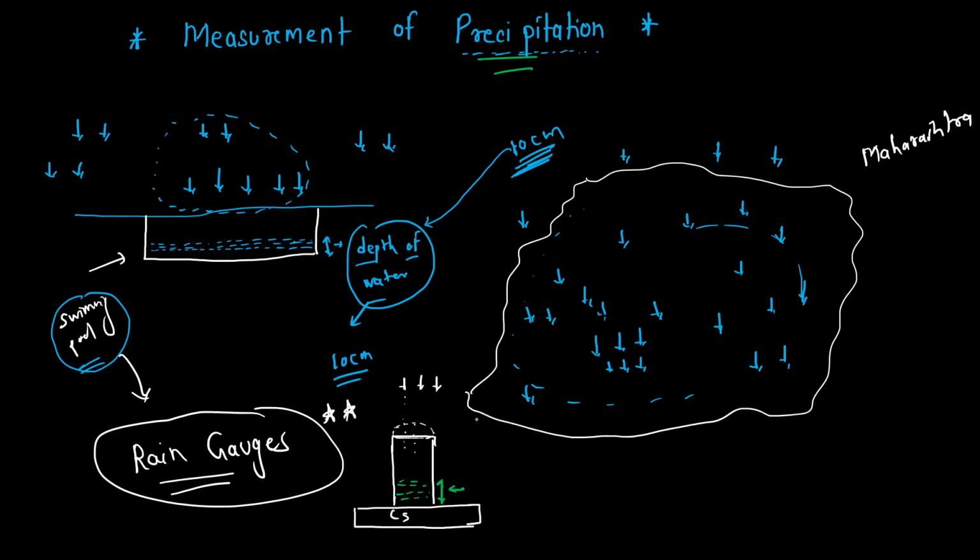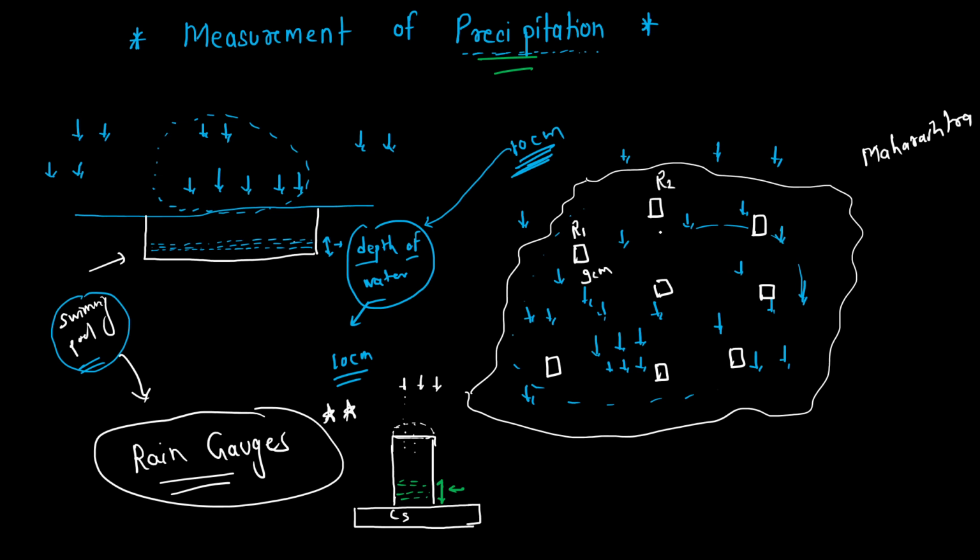Okay, now to get better accuracy of the rainfall, we are not planting just one rain gauge, we are planting more rain gauges in a particular area. If the number of rain gauges is more, then it will give us better accuracy of the rainfall. Let's say in rain gauge R1, the amount of rainfall showing here is 9 centimeter.